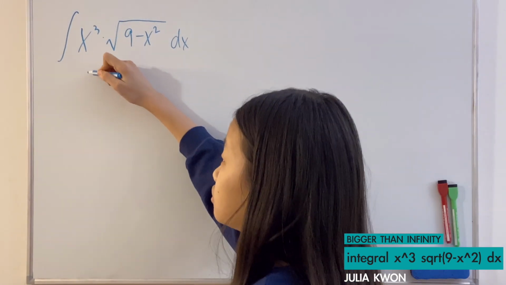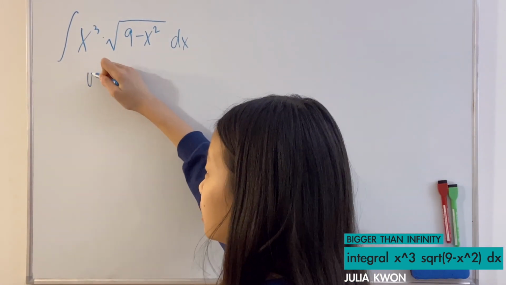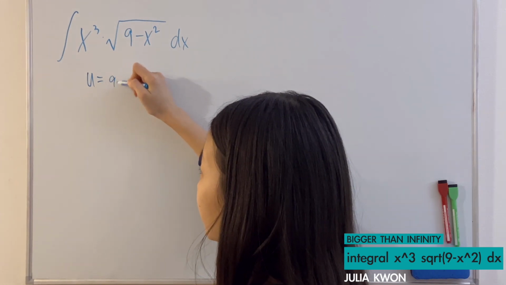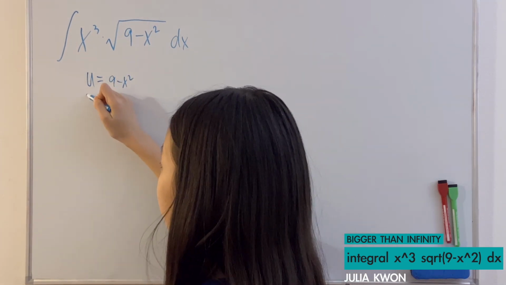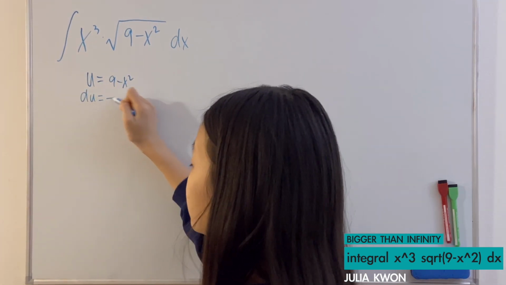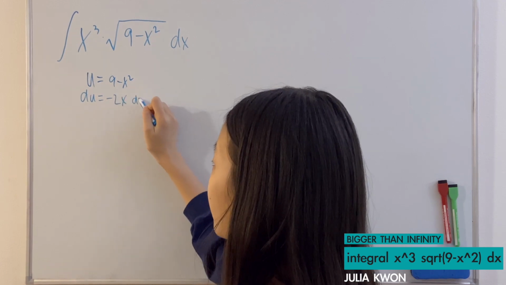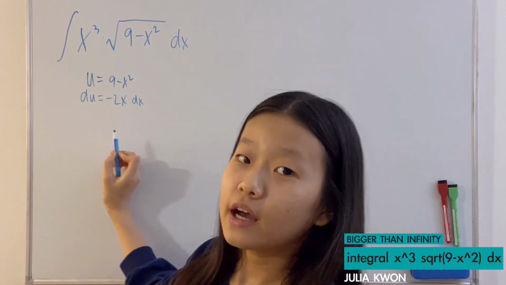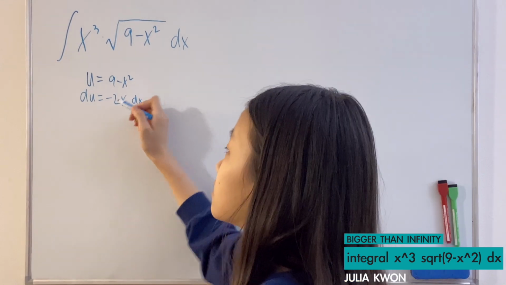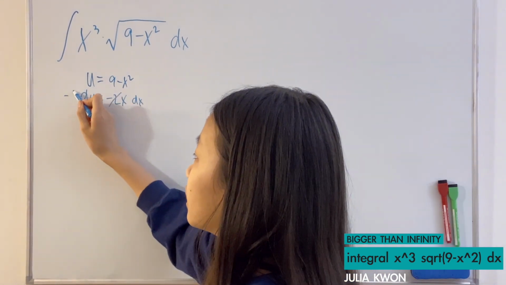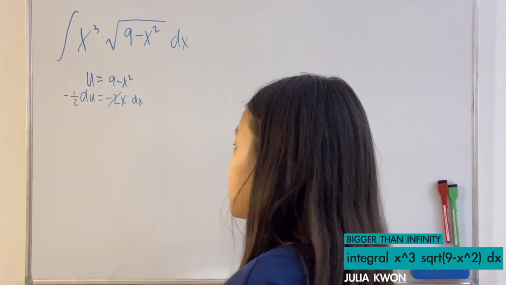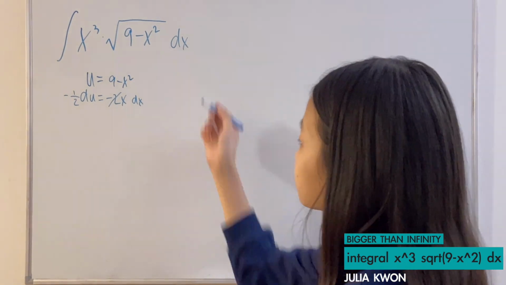We're going to use a u-substitution and set u equal to 9 minus x squared, which would give us du as negative 2 times x dx. If we divide by negative 2 on both sides, then we would have negative 1/2 times du is equal to x times dx.